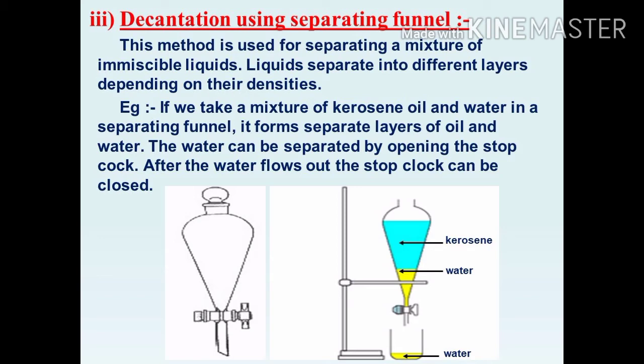What do you observe from that? Here, in the immiscible decantation method, two layers form between the kerosene and water. When we open it, water comes down into the beaker first, after that kerosene. So we are getting two types of liquids.